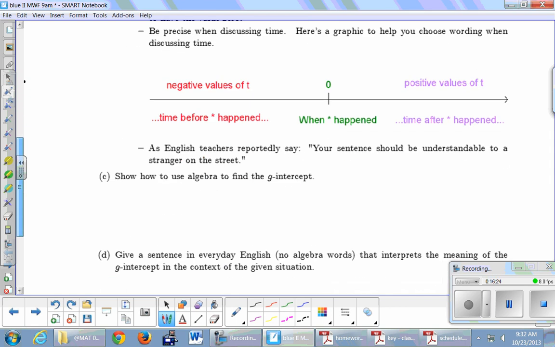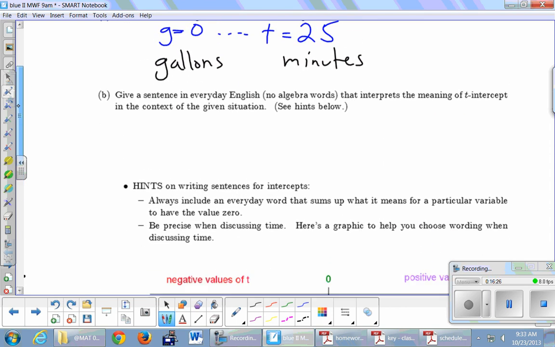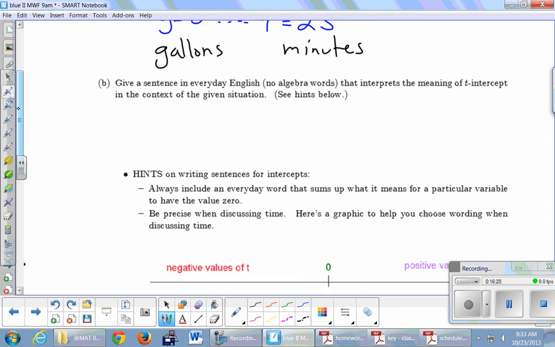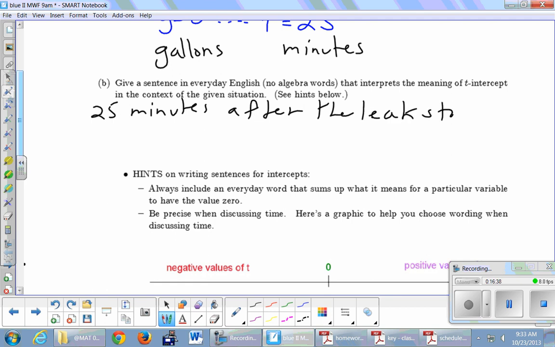So if you come down here, I'll write a sentence, then I'll show you guys this diagram that Sandy came up with. 25 minutes after the leak started. What's true?